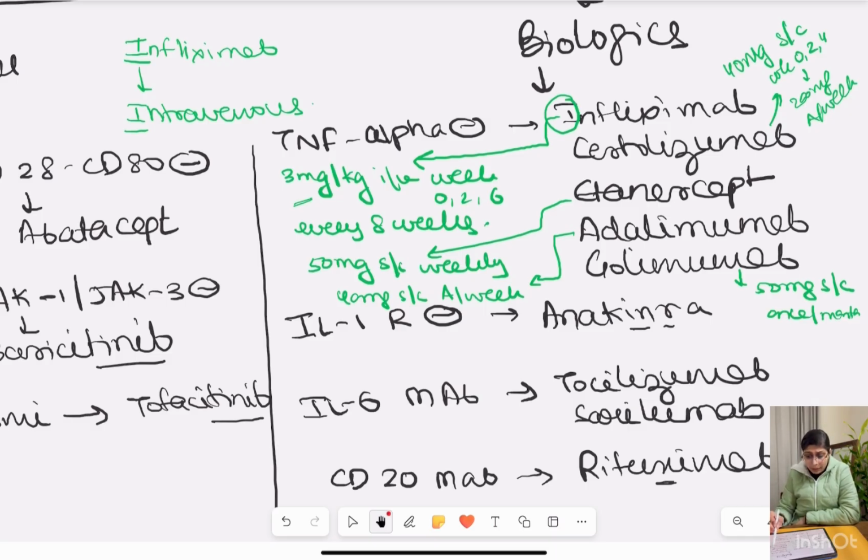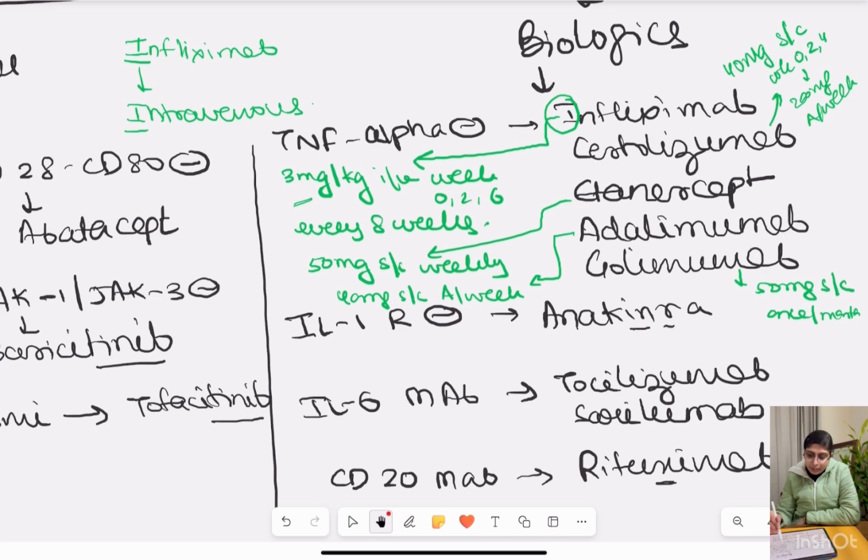Certolizumab, etanercept, adalimumab, golimumab are all subcutaneous. Please remember the doses like this: 40, 50, 40, 50. Certolizumab is subcutaneous week 0 to 4, followed by 200 milligram alternate week.